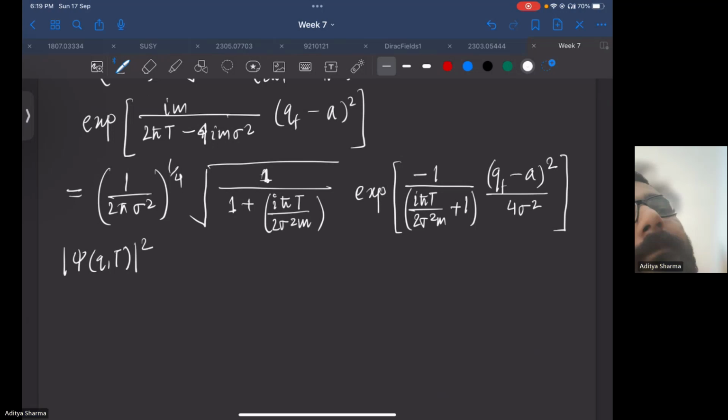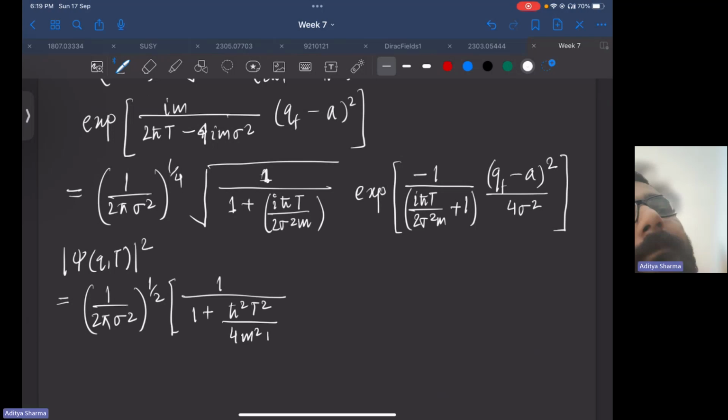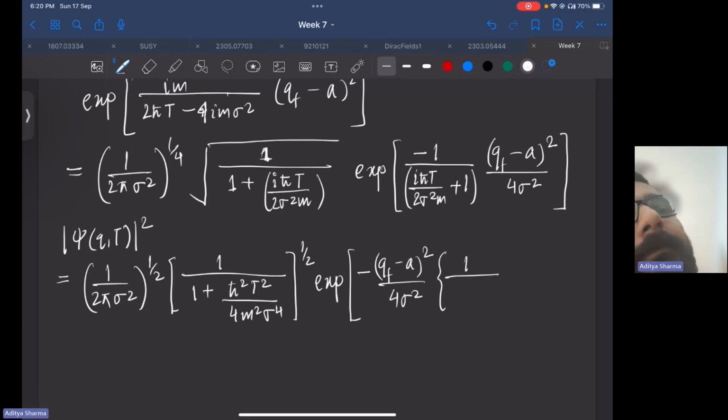We are going to find this is equal to 1 by pi sigma square, to the power half, times the exponential of minus a square by 4 sigma square, with the terms involving m, cos square, p square by 4 m square sigma to the power 4, to the power half, and so on.